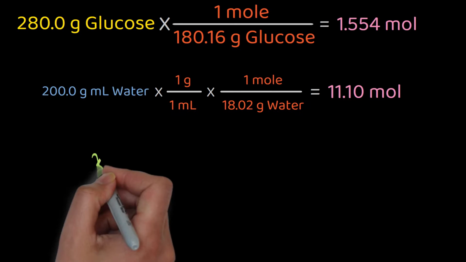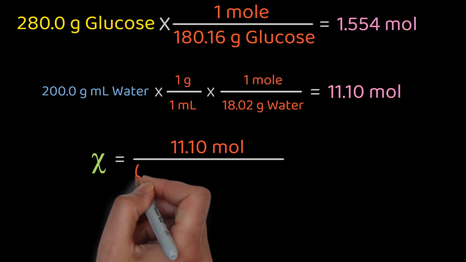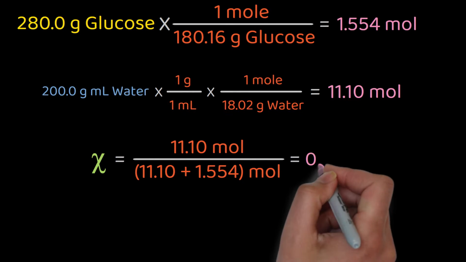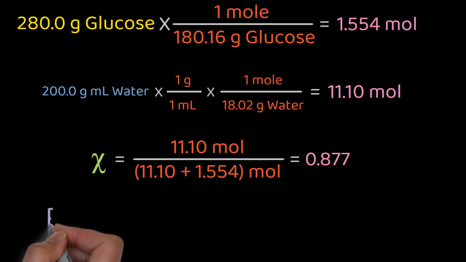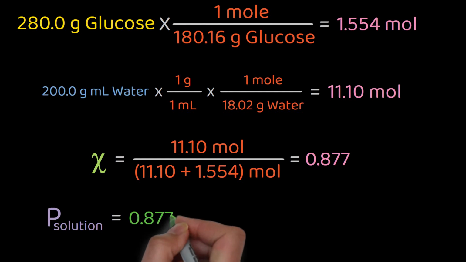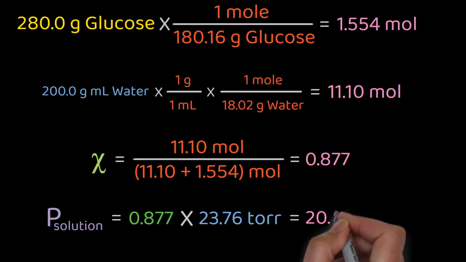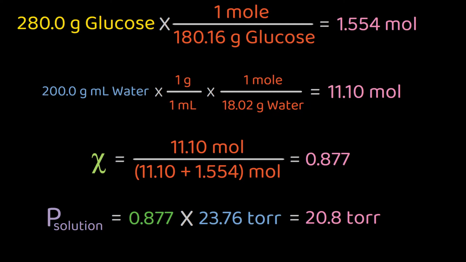We then calculate the mole fraction of water as we did in the past for partial pressure of gases. Then, we can multiply the mole fraction of water times the vapor pressure of pure water and get our answer, 20.8 torr. This is a reduction of 2.9 torr.